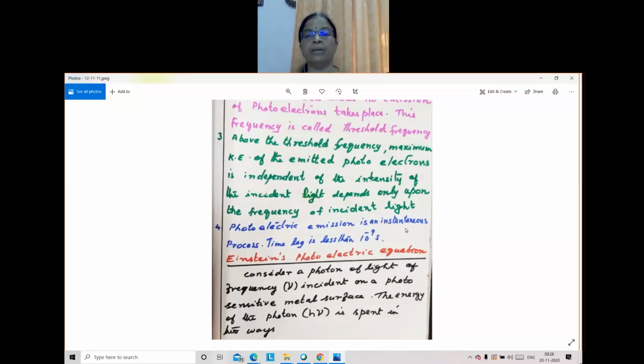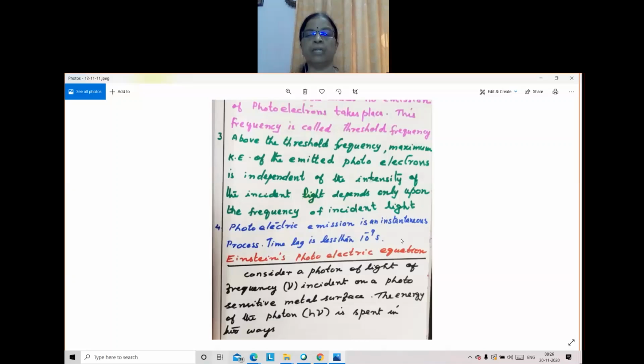Such a small instant of time is needed for the incidence of the photon and ejection of the electron, so we can say there is no time lag.